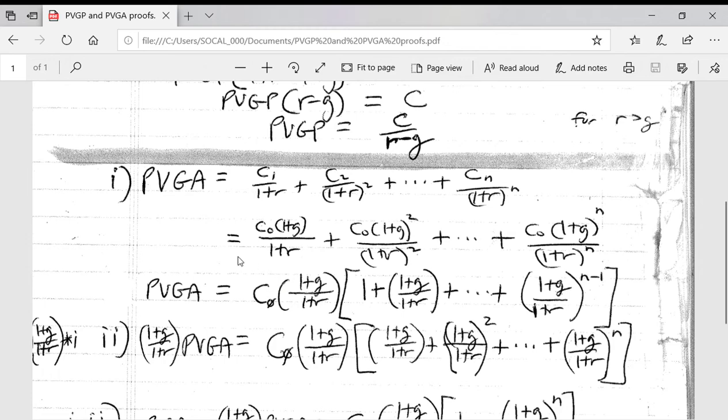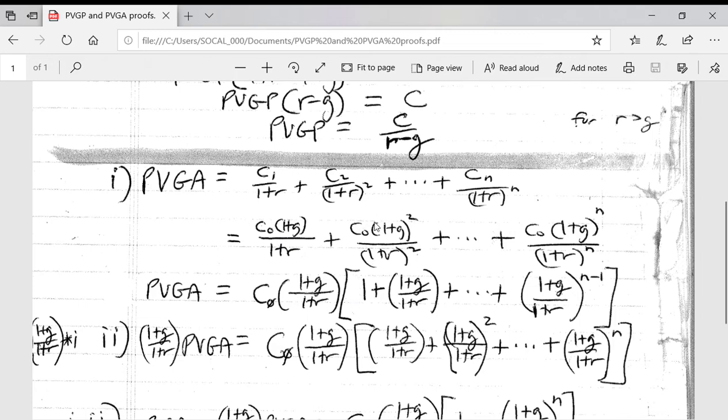So I can now summarize this first equation, the definitional equation of a present value of a growing annuity, PVGA, equals the cash flow at date 0, because I factor that out, times another thing I can factor out of each and every one of these terms, 1 plus g over 1 plus r. So I have C sub 0 times 1 plus g over 1 plus r, and then that's this entire term here, so this is a 1.